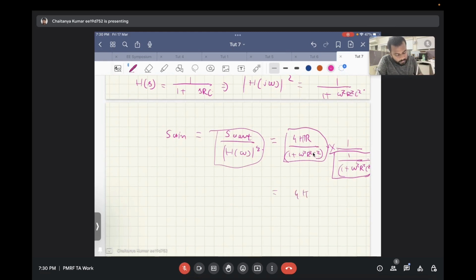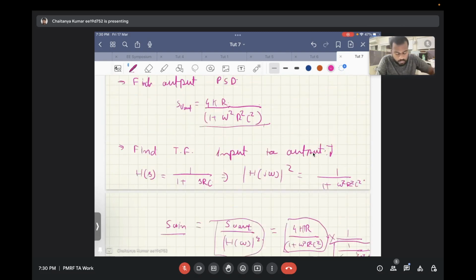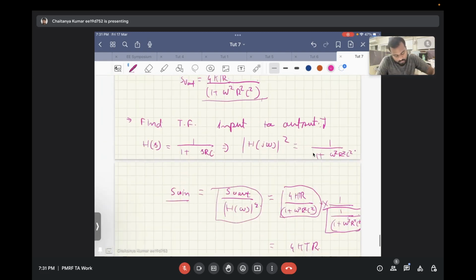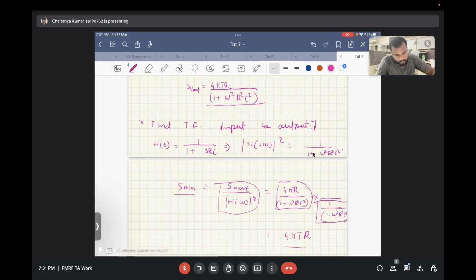So this is just 4 kTr. Your input referred noise power spectral density is 4 kTr, while your output referred noise spectral density was 4 kTr times 1 upon 1 plus omega square r square c square. So is it clear? Yes, sir, I get it. My answer is also correct only, sir. Good.